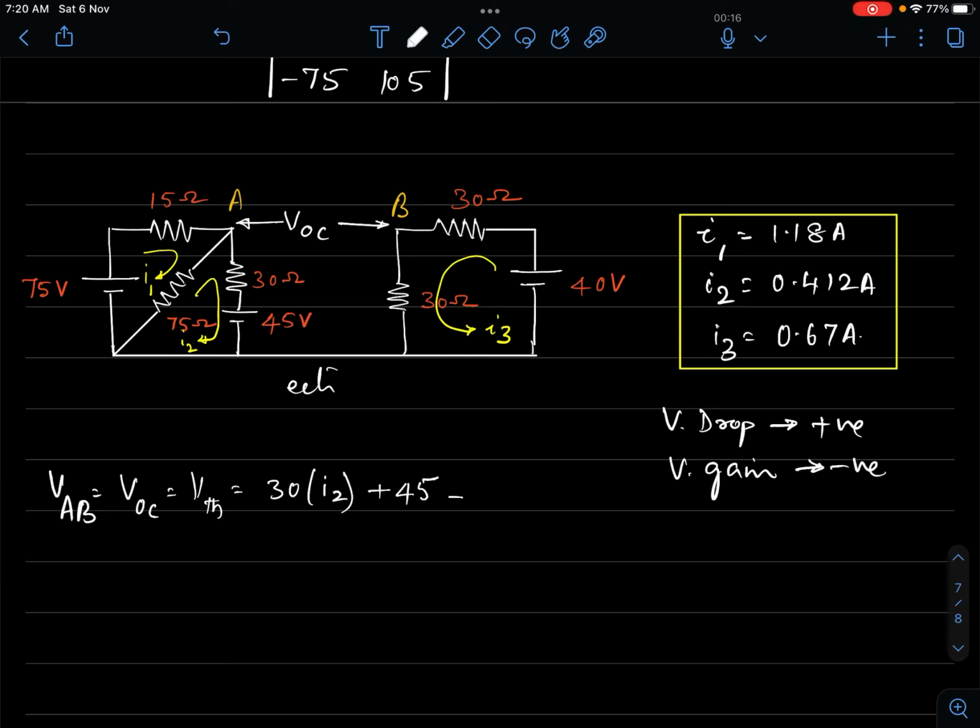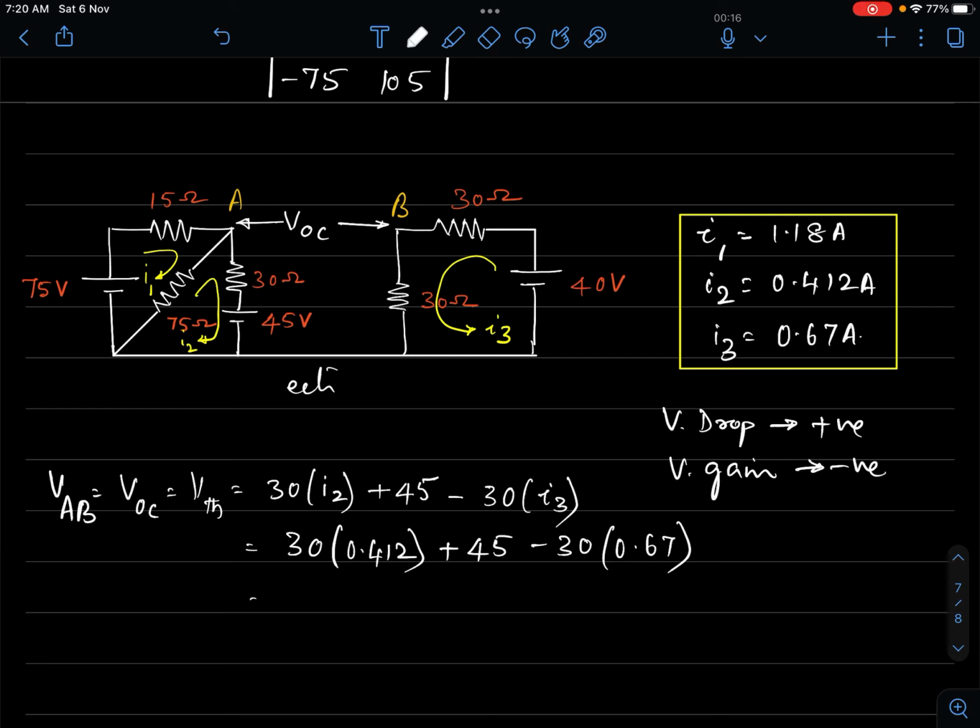So what is the magnitude of the potential difference? Magnitude of the potential is 30 multiplied by the current I3. We have the values of I2 and I3 from this table, so we can substitute here and get the magnitude of VTH. Let me put this as 0.412 plus 45 minus 30.67.